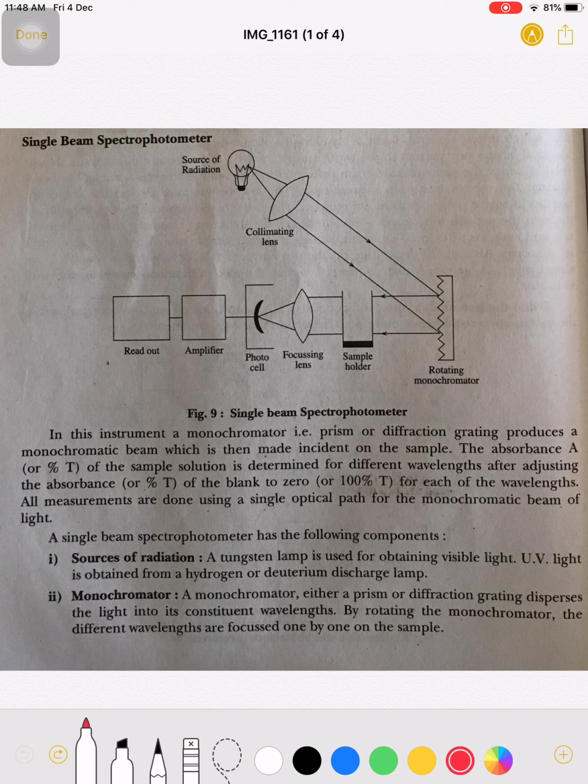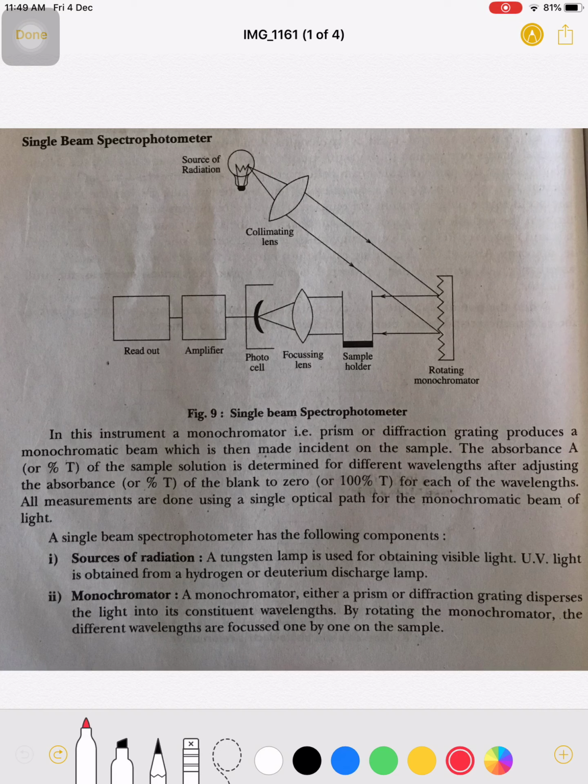of this spectrophotometer. So in this instrument, a monochromator, that is prism or diffraction grating, produces a monochromatic beam. In colorimeter we used a source of radiation, and in that a color filter is there, and that color filter filters the narrow band of monochromatic light.